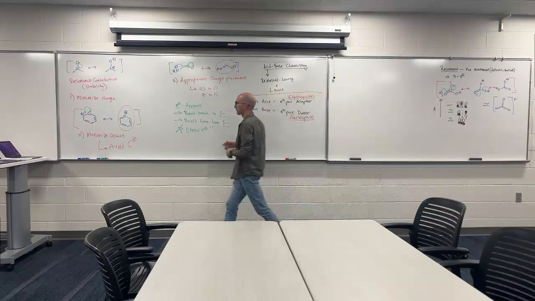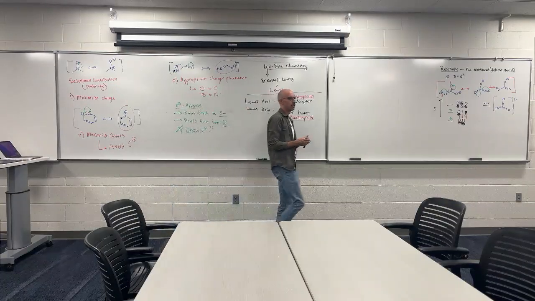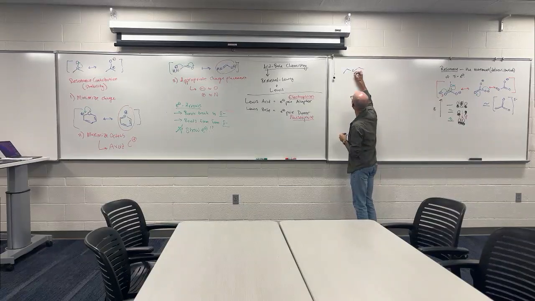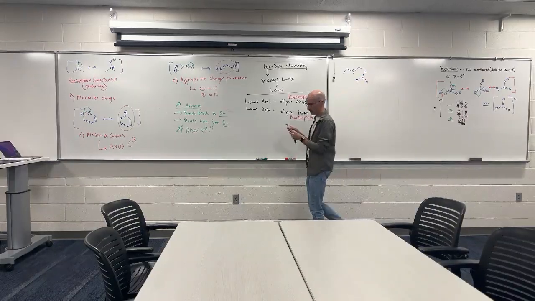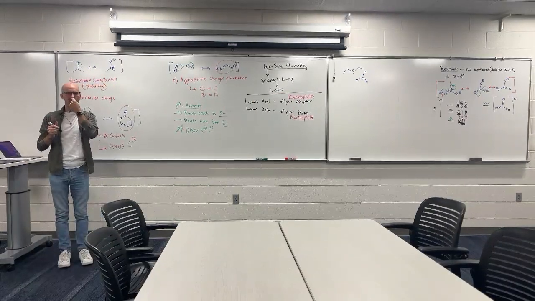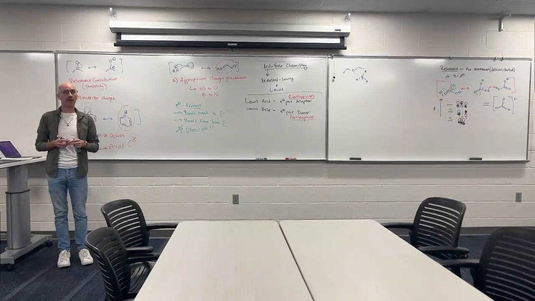So there's a few really common examples for things like this. Take tetrahydrofuran with the molecule borane, BH3. Borane is an electron deficient compound.